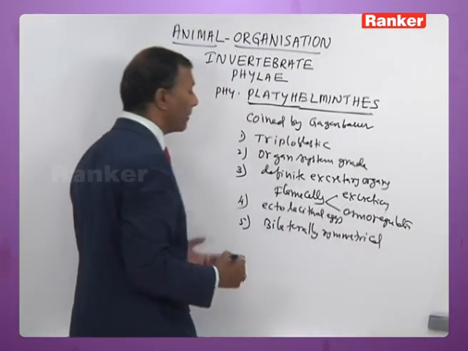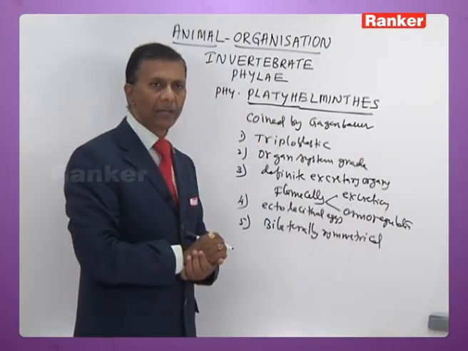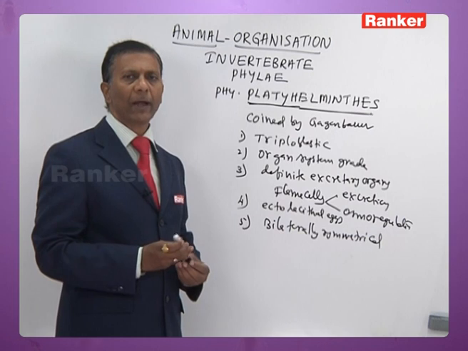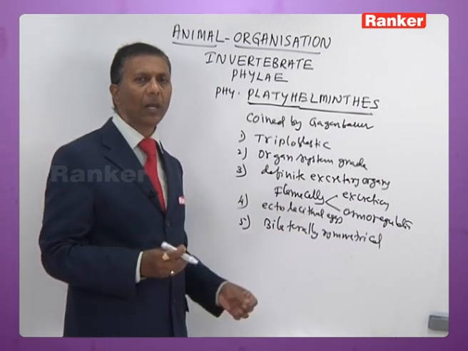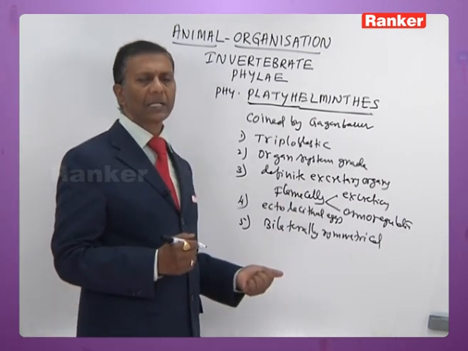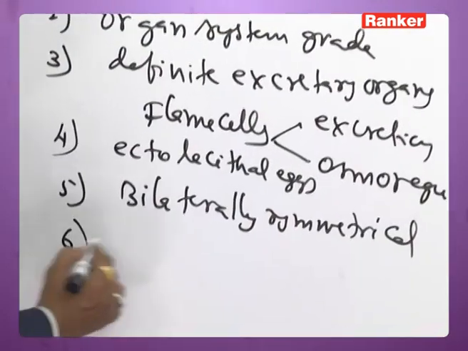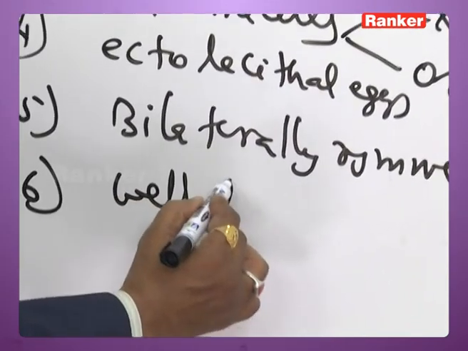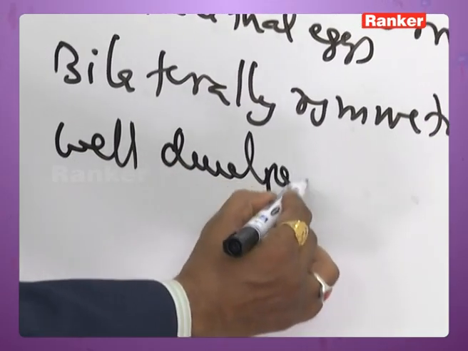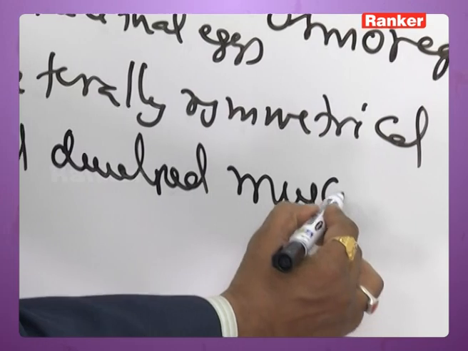For the first time you find well-developed musculature in the body wall, like well-developed circular muscles and longitudinal muscles. So that is also a first formed character.